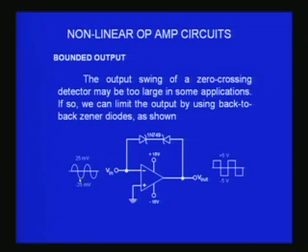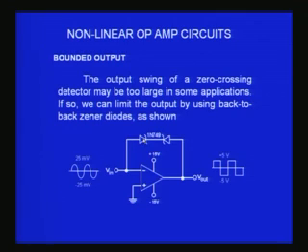Therefore, whenever I apply a sine wave, which cannot be 25 millivolts but has to be much larger, and the output switches to plus 15 and minus 15, you would find these diodes will break down first. One Zener diode will break down, the other diode will be forward biased. So 4.3 volts will appear across one diode, and 0.7 across the other.